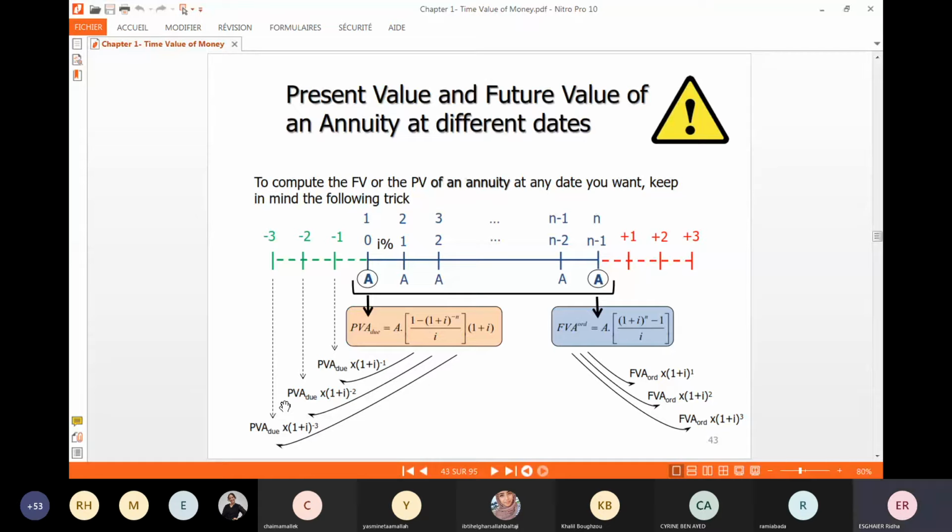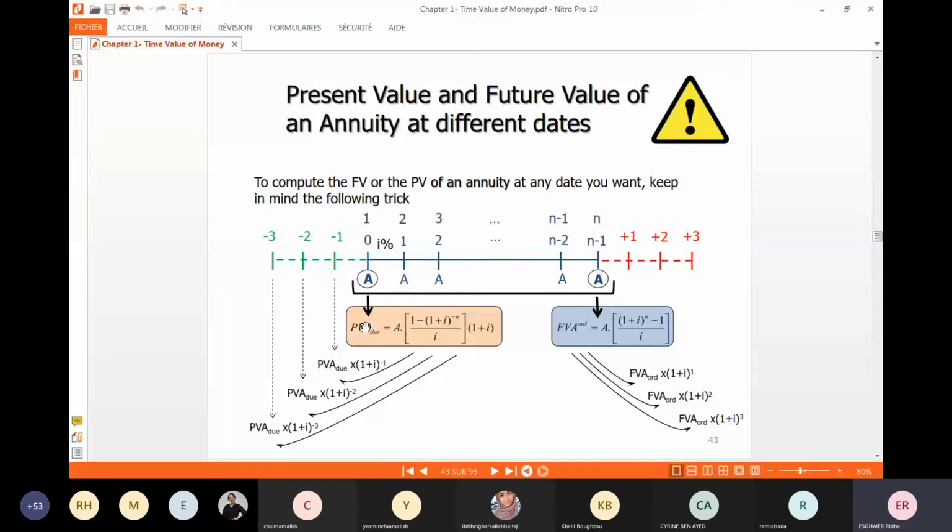So the time value of money and this logic will allow you to compute the value of a lump sum. Because I'm now talking about a single lump sum, one amount, that I move by n years, or n minus 1, or 1 year, or 2 years.